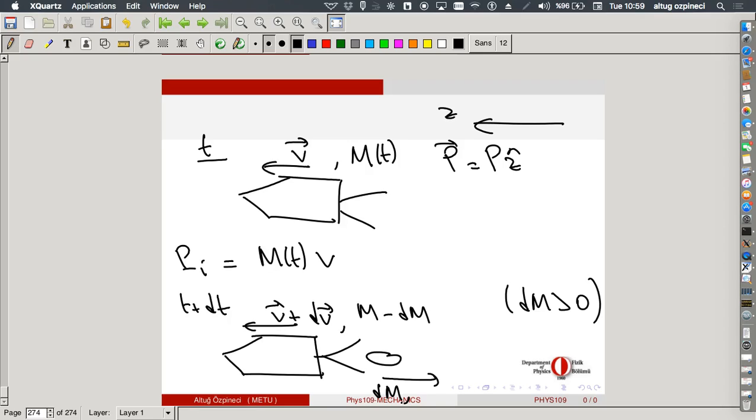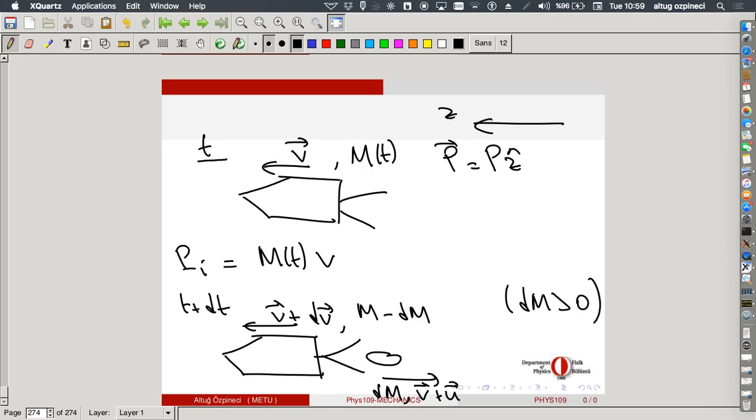Well, you see, the rocket is moving in that direction with a velocity v. The exhaust, I just emit in this direction with velocity u. The velocity will be just v plus u, where u is in this direction. I know that if I am moving in that direction with a speed v, and I throw the exhaust in the opposite direction with the same speed, then it should be 0.